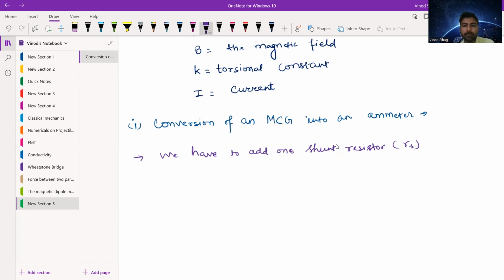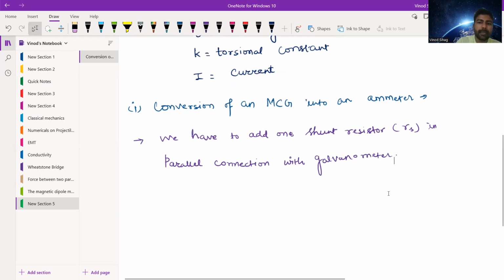We have to add one shunt resistor in parallel connection with the galvanometer. Then only it will be converted into an ammeter.